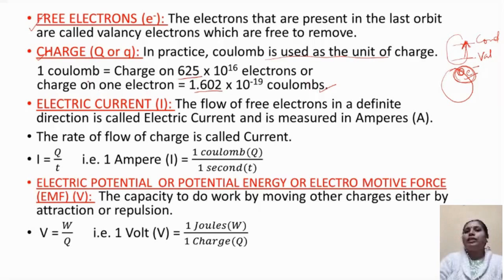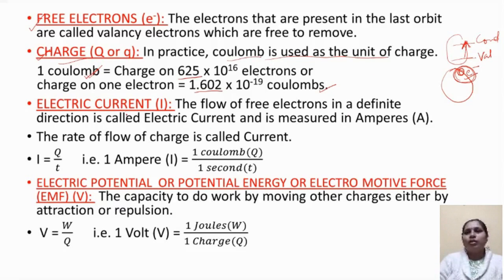That means to create 1 coulomb of charge, we require 625 into 10 power 16 electrons. So you just need to remember that charge is used for representing the electrons, and its unit is the coulomb.